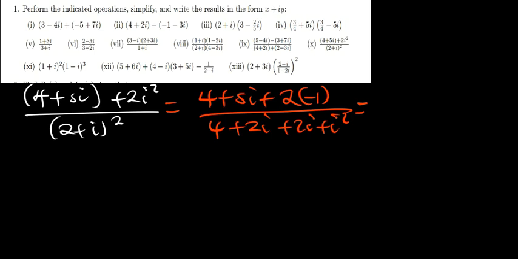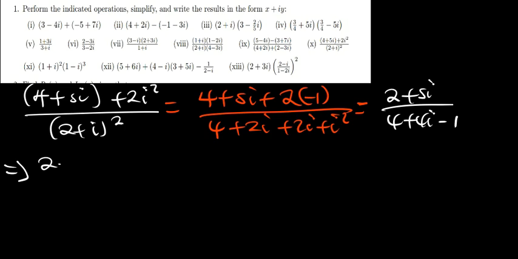So it will be 4 minus 2, which is 2, plus 5i. Down part here we'll have 4 plus 4i, then minus 1, like that. So we'll come here and say this is 2 plus 5i. The down part will be 4 minus 1, which is 3, plus 4i.